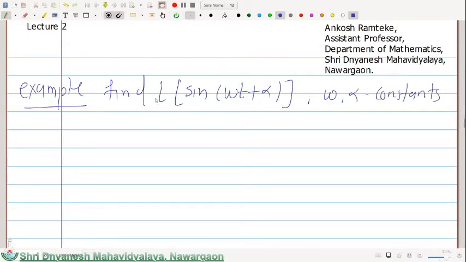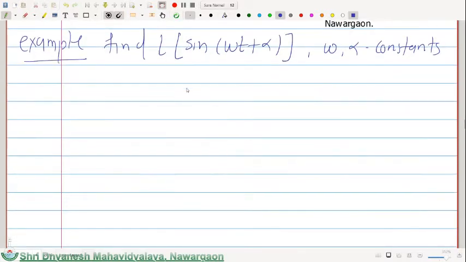You have to find the Laplace transform of this function sine(omega t plus alpha). Hope you remember the definition of Laplace transform, and in the last video we found the Laplace transformation of the sine function.